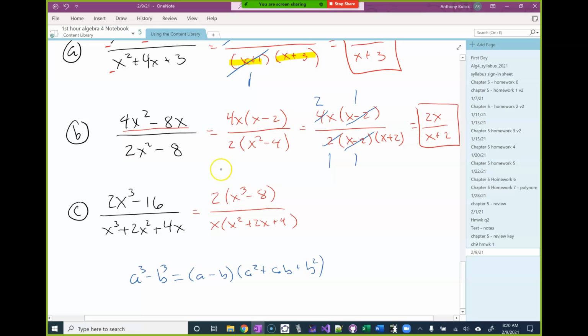So in this case, our value for A is x, and our value for B is 2, right? Everybody kind of remember doing this? I think we've done this particular difference of cubes factoring several times between the homeworks and everything else.